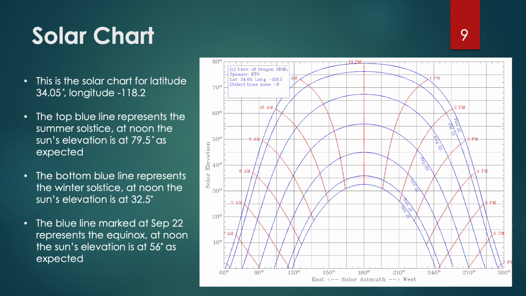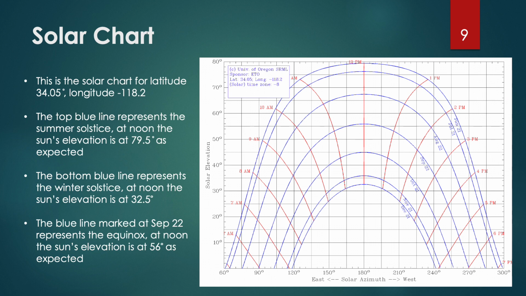And the very top blue line, that line is our summer solstice. And there's a little date there, June 21st. So that's our sun's trajectory during the summer solstice. So if you start at the bottom left corner, on the summer solstice, the sun rises at an azimuth of 60 degrees.